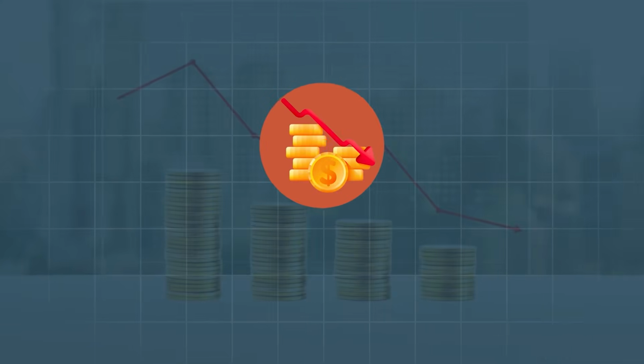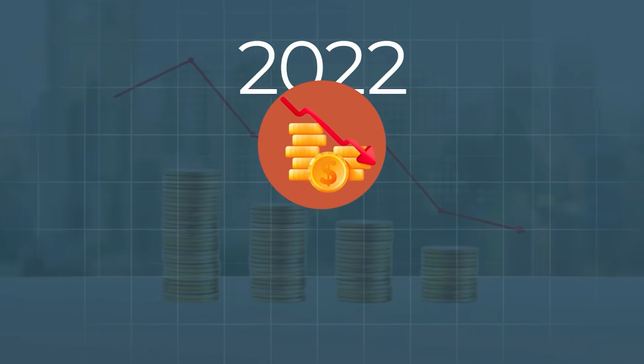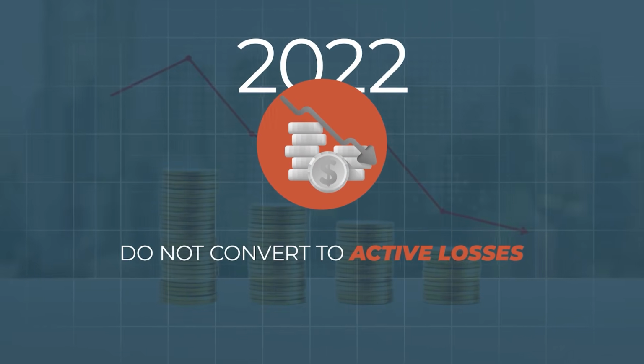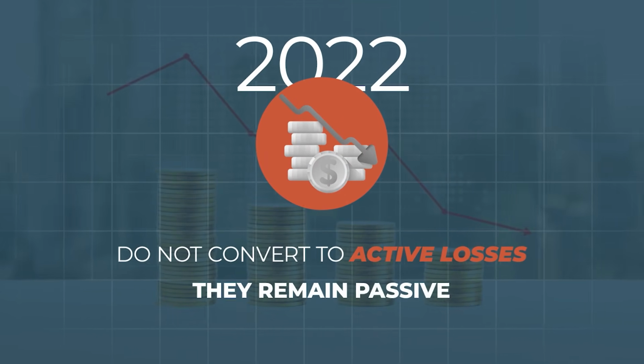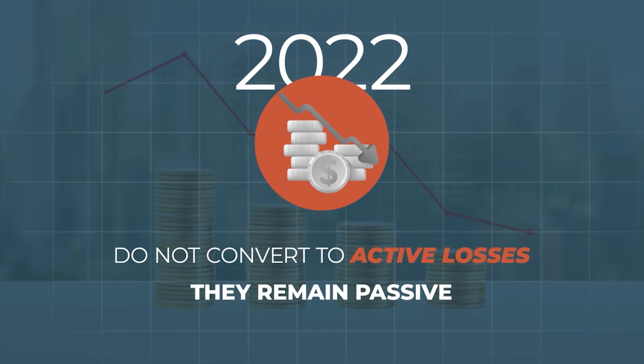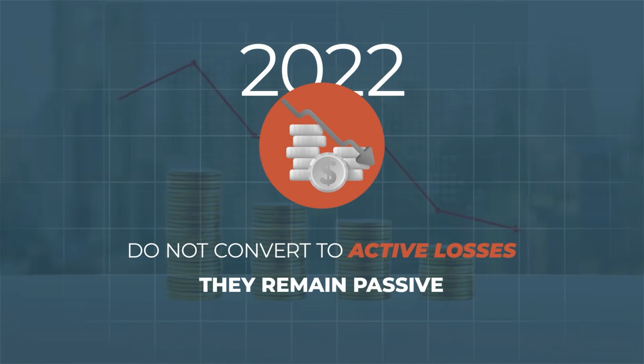Future losses generated in the new year would be treated as active because that activity meets the short-term rental rules. However, any suspended passive losses from the prior years do not convert to active losses. They remain passive. They must be absorbed by future passive income or released when you dispose of the entire activity in a fully taxable transaction.